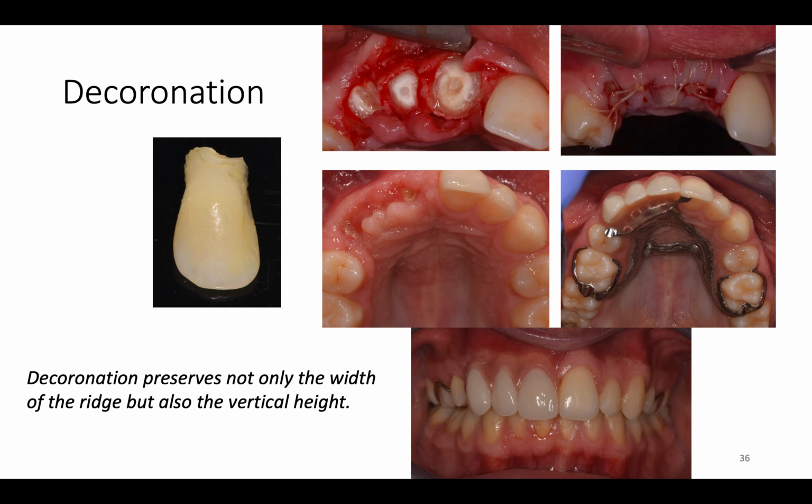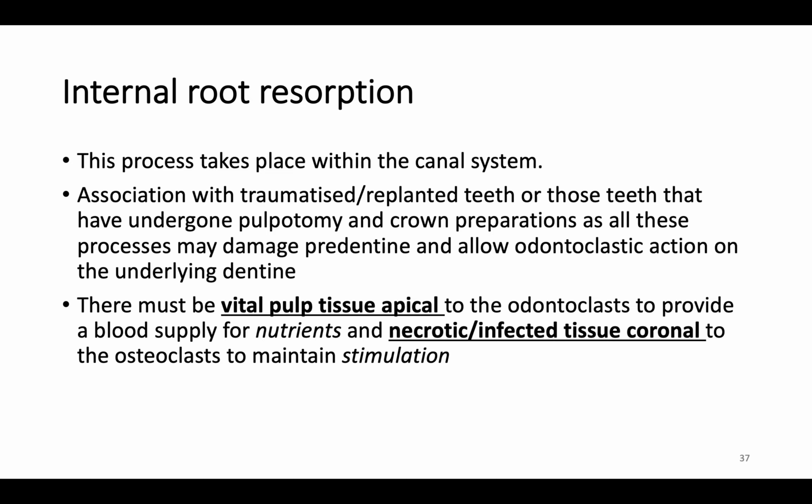Okay. Now let's move into the second part of root resorption, which is internal root resorption. This process will take place within the root canal system, on the internal surface of the root.